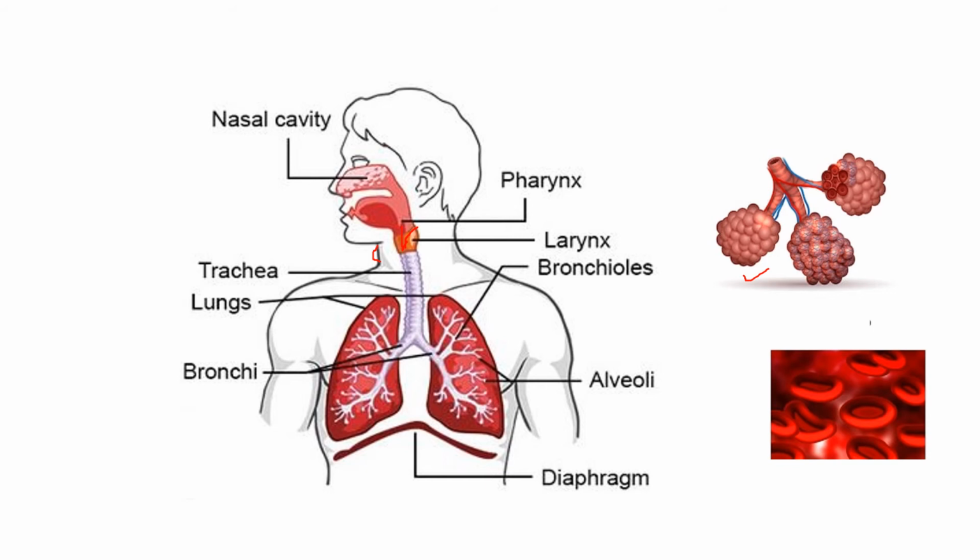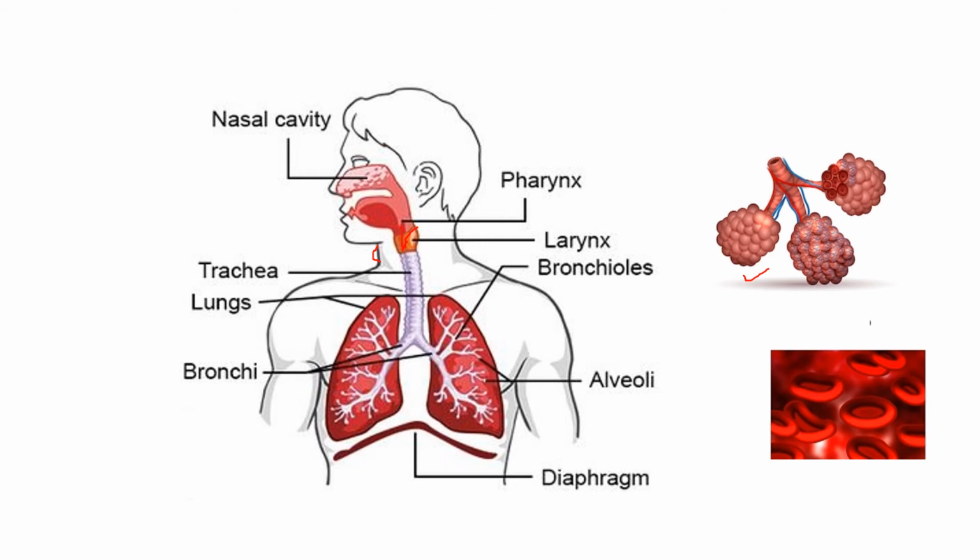The maximum oxygen can be absorbed. That is why these alveoli have a large surface area, and that is why they are balloon shaped, so that they will not take much space but can absorb more oxygen.